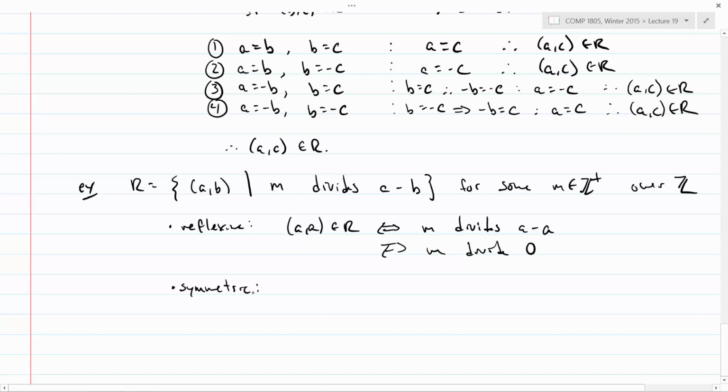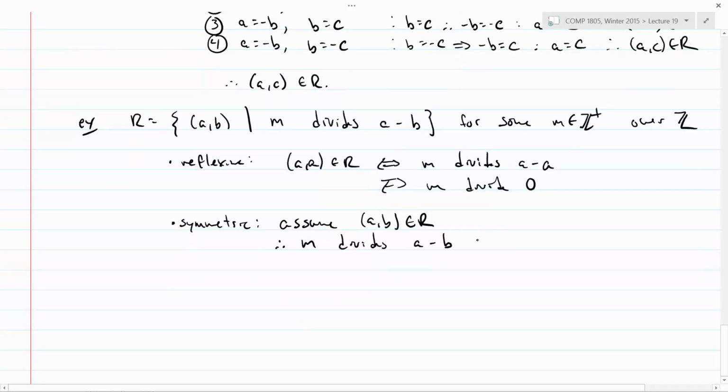So assume that (a, b) is in R. Therefore, m divides a minus b. And what that means is that you can write a minus b as some integer times m.